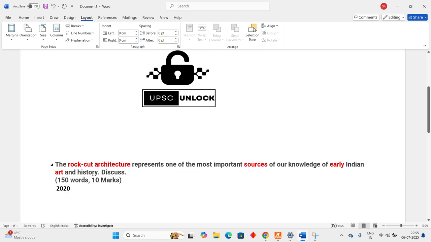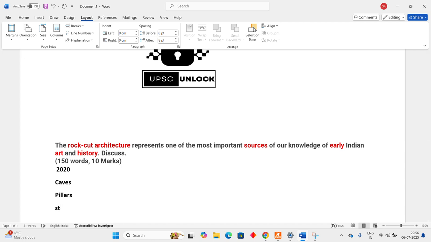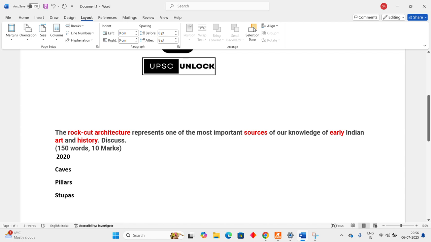If you were to talk about rock cut art, what do you think would be included? I think caves, right? Then you could include pillars. You could include stupas also, because you have the stupas of Ajanta, where the stupa building is done inside the cave itself.